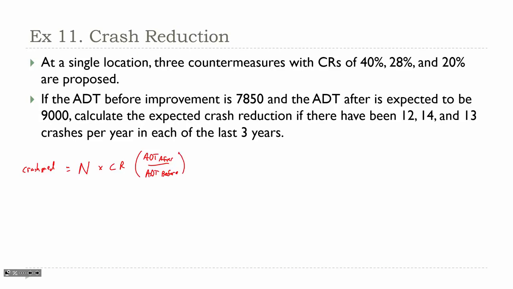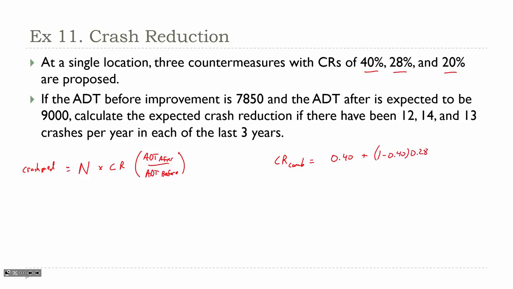All right, so first we have 3 different countermeasures. We need to combine those because if we just add them together, we can't have a crash reduction greater than 1. So our combined crash reduction is going to be equal to 0.40 plus 1 minus 0.40 times 0.28.